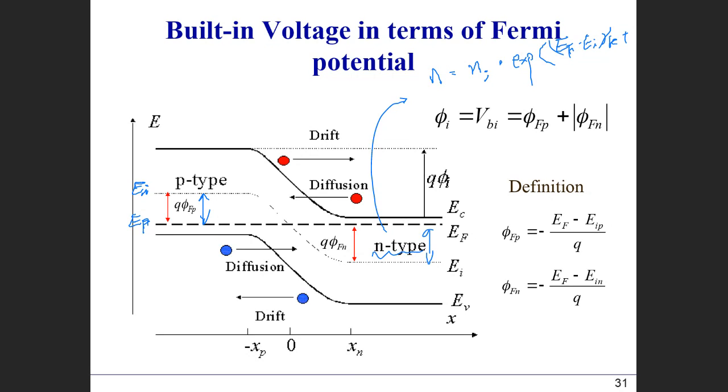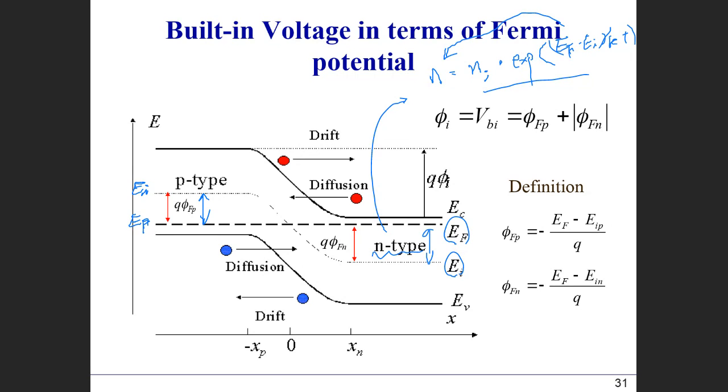Using this equation, you can calculate the number of electrons. In the same way, if the difference between EF and EI is larger, that again increases the concentration.